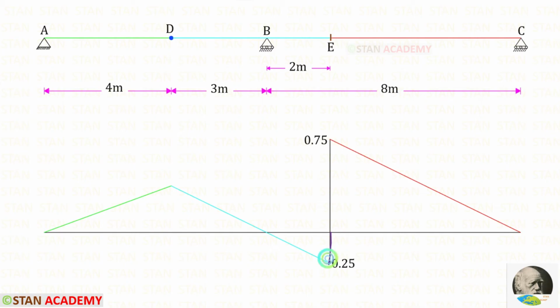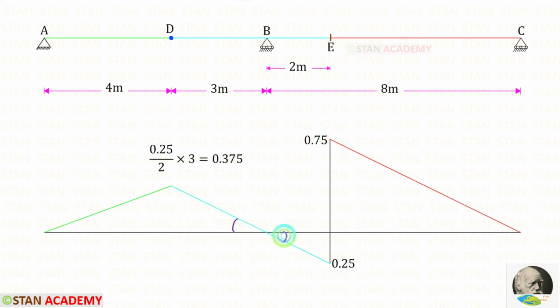To find this height, we can use the formula A upon L. Here A is 2 and L is 8. 2 upon 8, it will be 0.25. To find this height, we can use the formula B upon L. Here B is 6. So 6 upon 8, it will be 0.75.